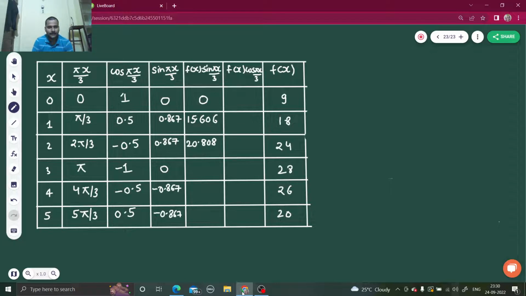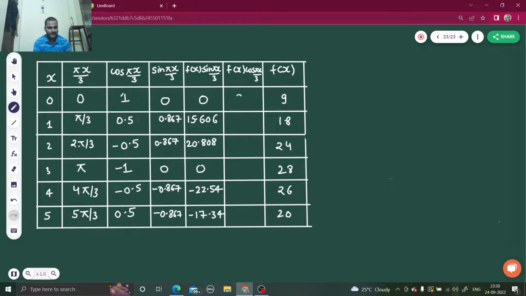Then I have 28 multiplied by 0. Then I have 26 multiplied by minus 0.867, which is minus 22.54. I am writing up to 2 decimals now. 20 multiplied by this, so minus 17.34.